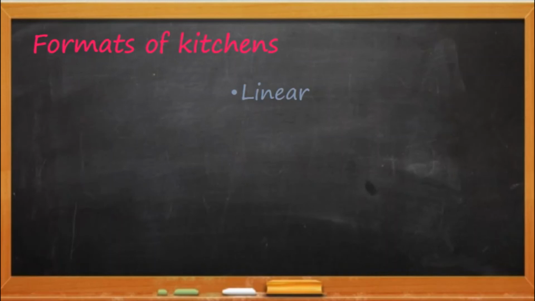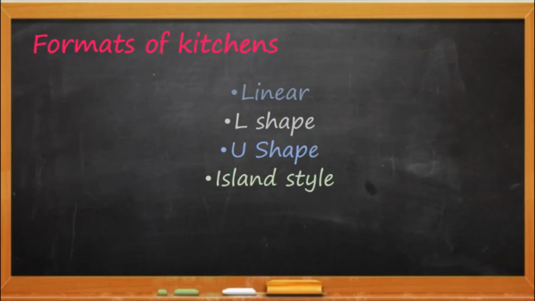The first is the linear format, the L-shaped format, U-shaped format, island style, parallel format, a combination. All these formats depend on the space allotted to the kitchen and the objectives of the kitchen in terms of quality and quantity of food required.